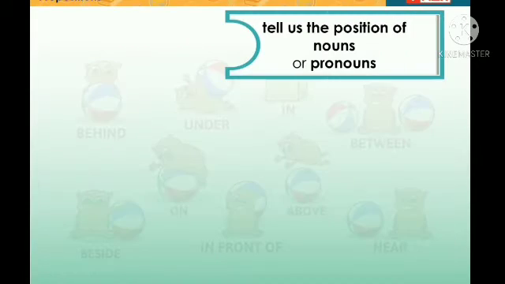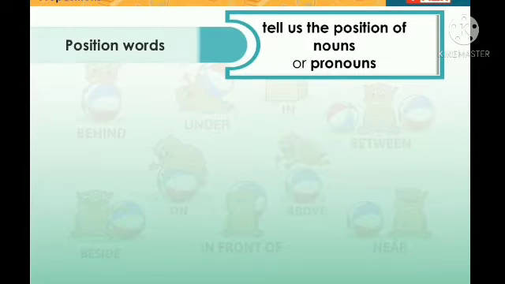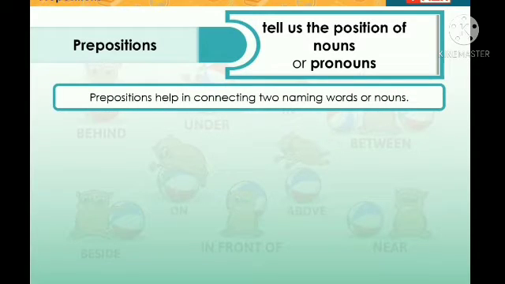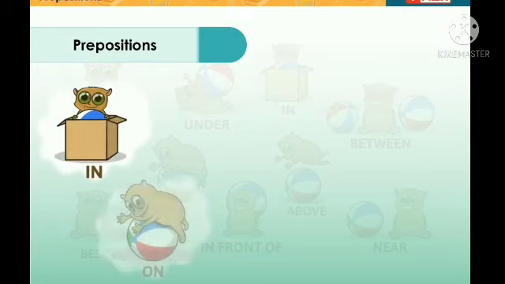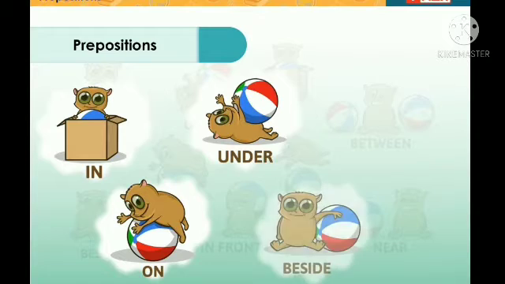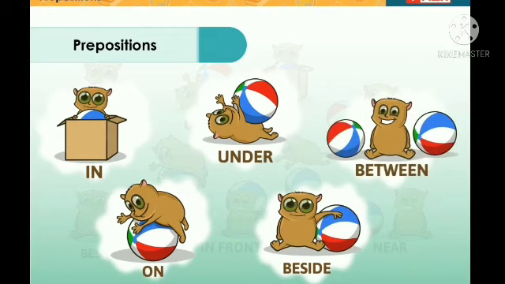Words that tell us the position of nouns or pronouns are position words. They are also called prepositions. Prepositions help in connecting two naming words or nouns. In, on, under, beside and between are some prepositions or position words that you have learned previously.